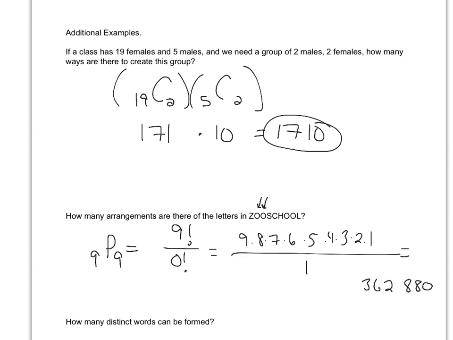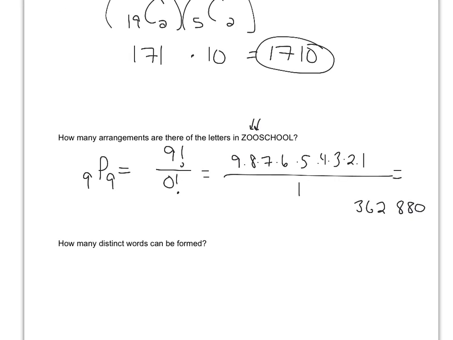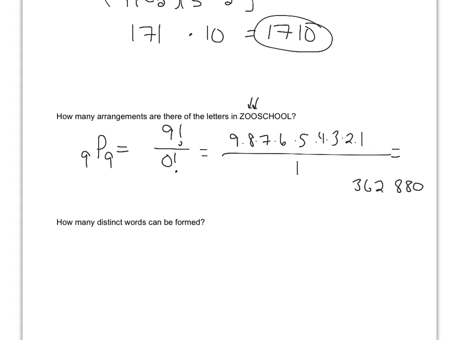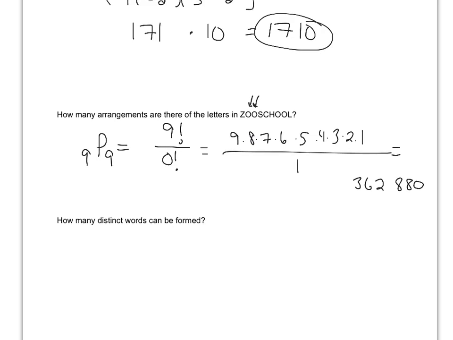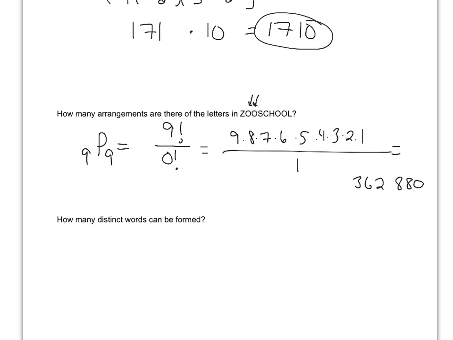But the second question is actually an interesting one. It says, how many distinct words can be formed? So if I just switch those 2 O's, that doesn't really give me a new word. It just gives me the same word with a different orientation. So if I want to figure out how many distinct words could be formed, so I don't want to count "zoo school" twice, then I'll still start with all the different totals there could be. So we know there's 9 factorial total.